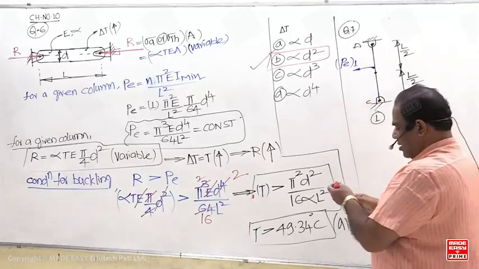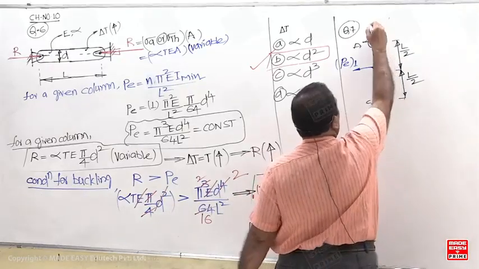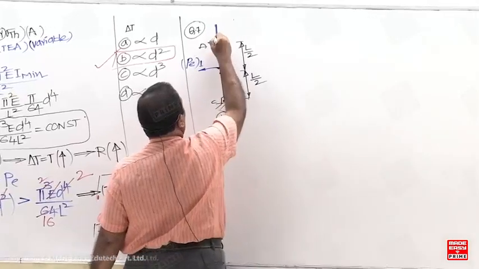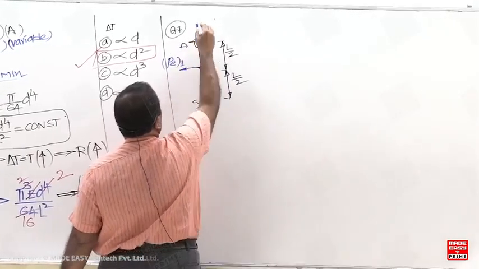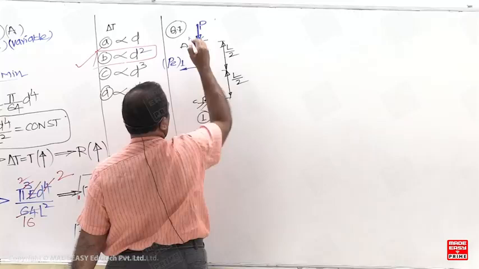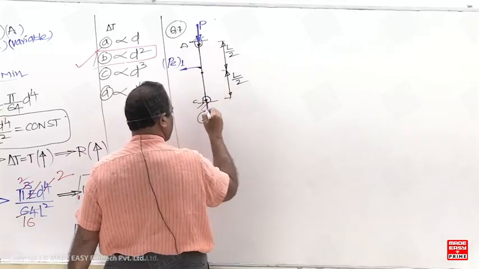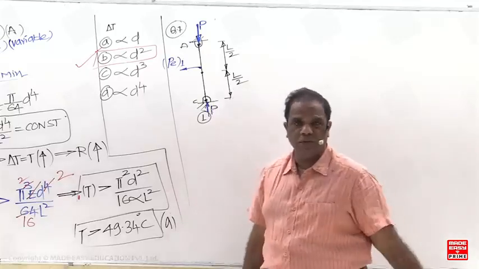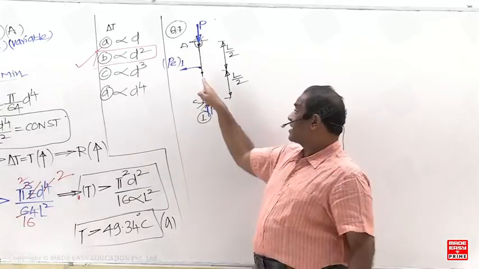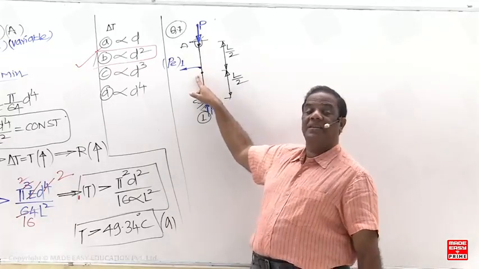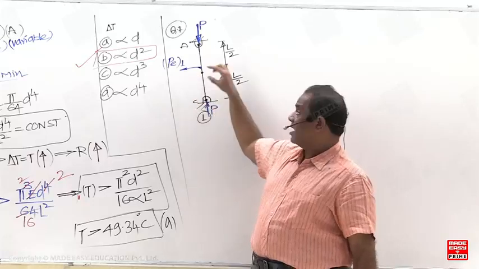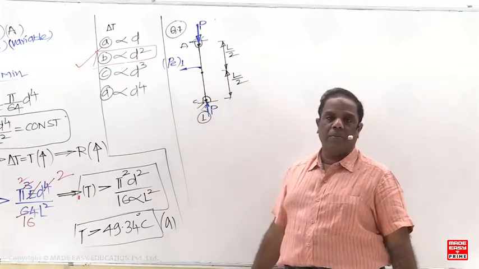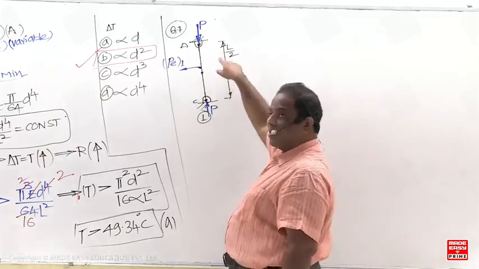Due to this one, what happens now? The question asks: lateral movement exactly at mid height is restricted. Lateral movement exactly at mid height is restricted. Then what about the buckling? If we apply like this, what happens? This is both end hinged.